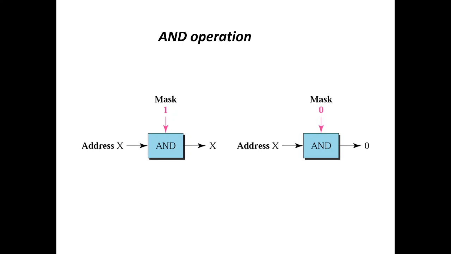Now you know this AND operation. Any value ANDed with 1 gives the same value, and any value ANDed with 0 gives 0. So the default mask will have prefix values all 1 and suffix values all 0 for each class.